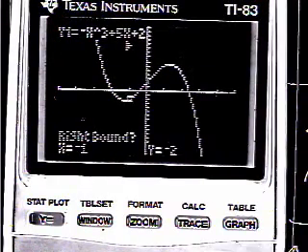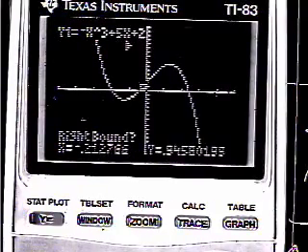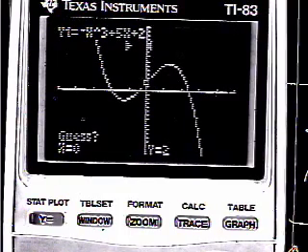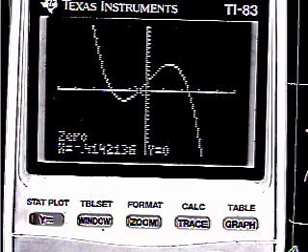But when I hit enter, it's going to put that. So if I want to use the arrow, the right arrow, and kind of climb my way across the x-axis, put that other arrow on there. When it asks for a guess, I'm going to say, nah, I'm just going to hit enter. And it finds negative 0.414. Now, I know most of the normal people in the world don't recognize 0.414.